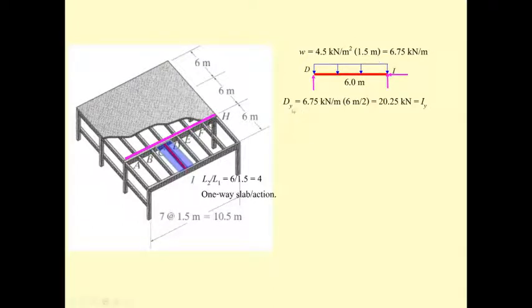So D sub y equals I sub y, which equals 6.75 kilonewton per meter times half of the beam DI length, that is 3 meters. We get the resultant of 20.25 kilonewton acting on the point D and on the point I.